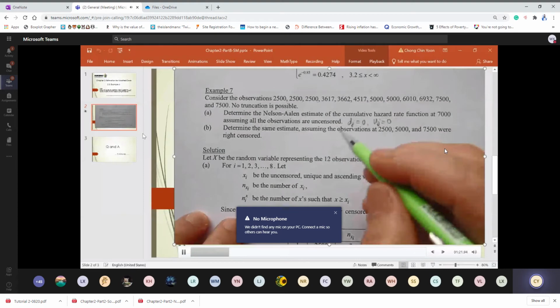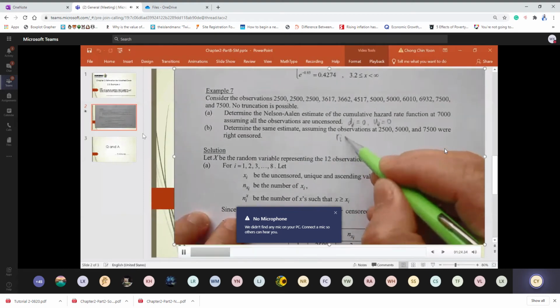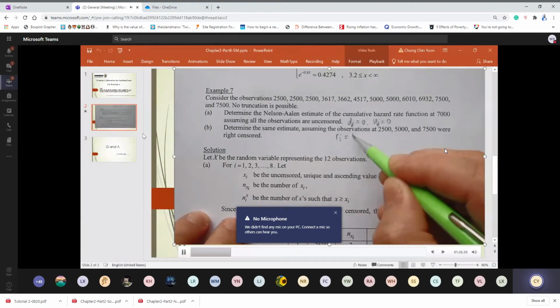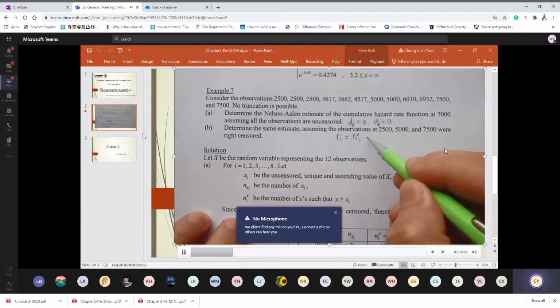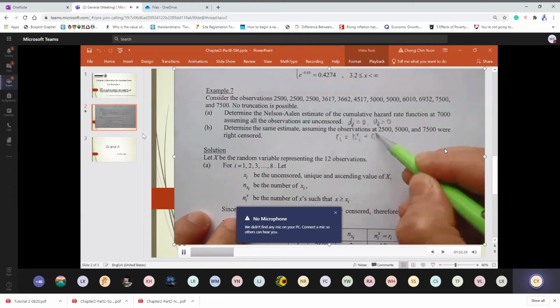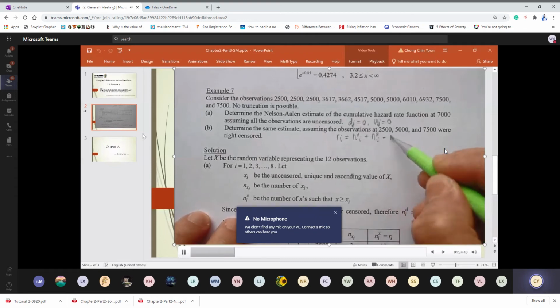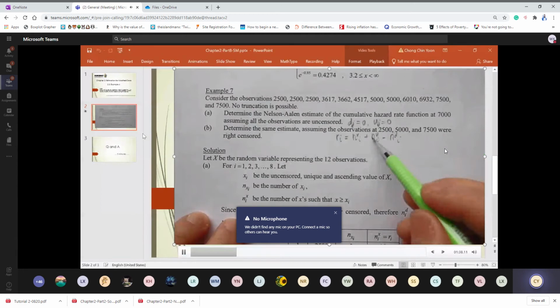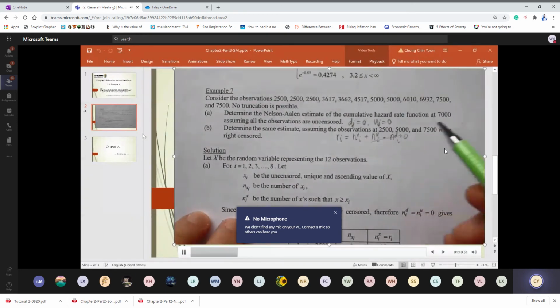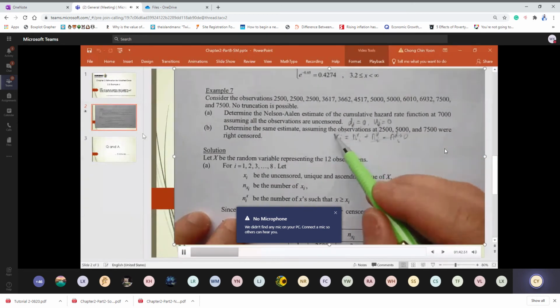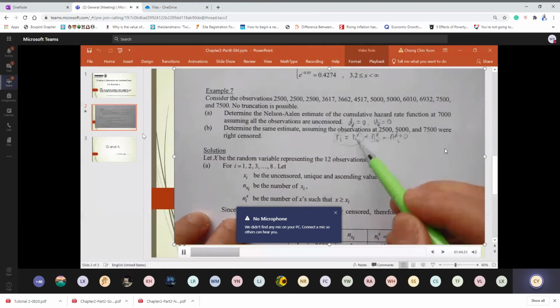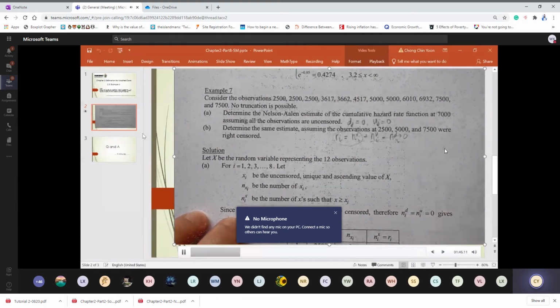So we know that our risk set value r_i is equal to the conditional n_x_i plus the conditional n_u_i and then minus the conditional n_d_i. Since these two are 0, the r_i is straight away equal to n_x_i.